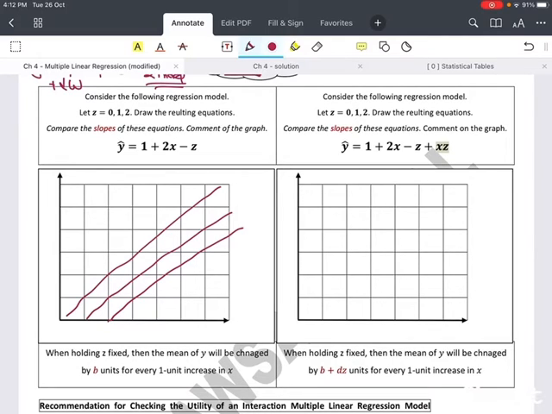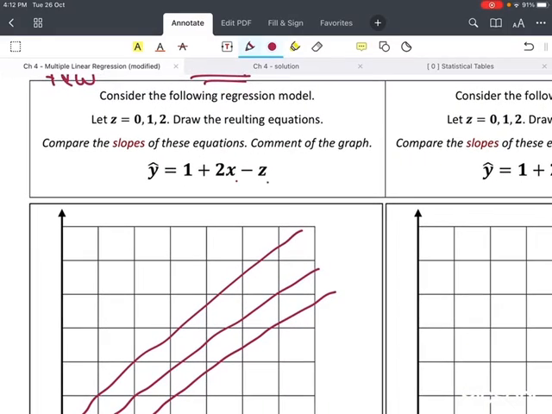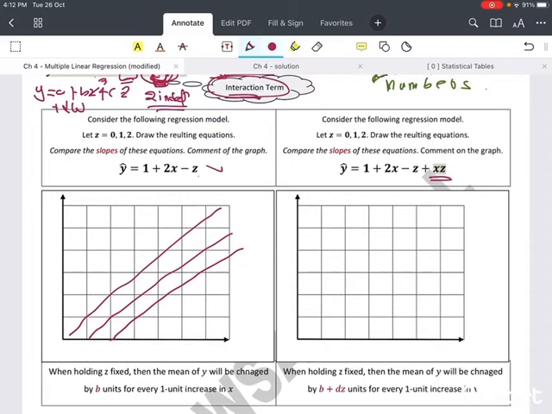And when you consider a regression model, draw the resulting lines with the interaction here, without the interaction. Here you have the xz, so you have an interaction term. If you have an interaction term, these lines will be like this, then like this, then like this.